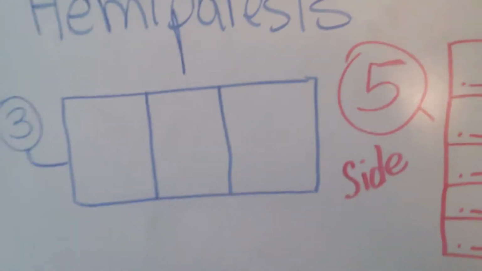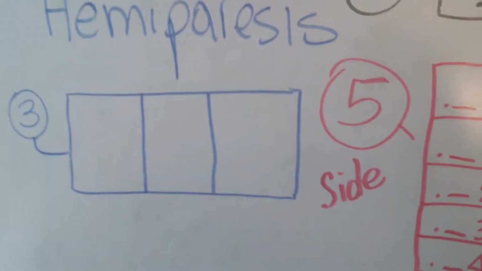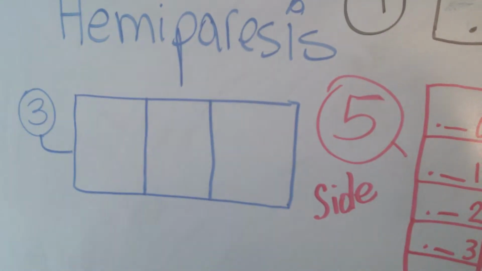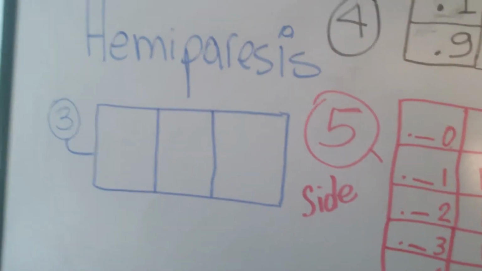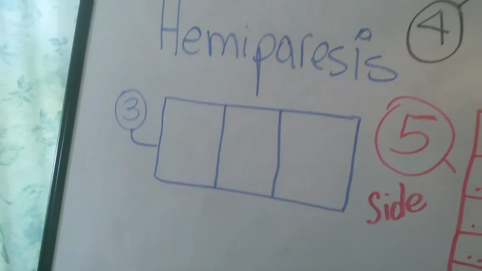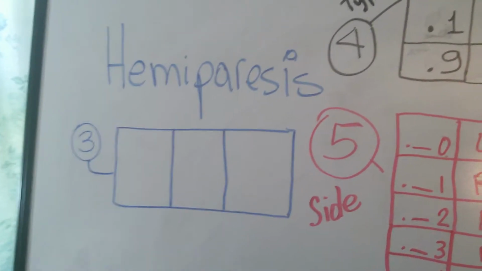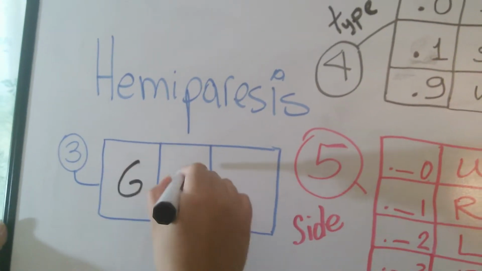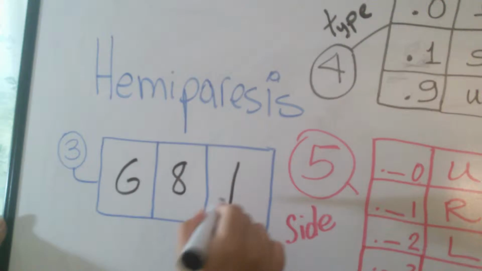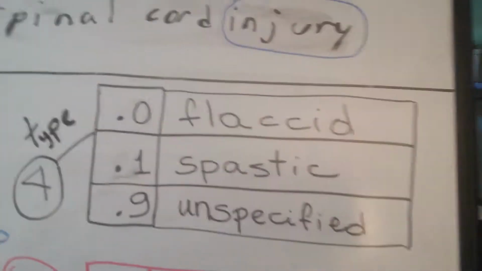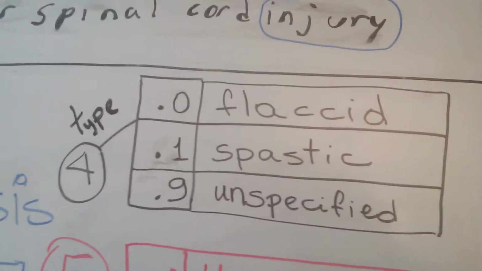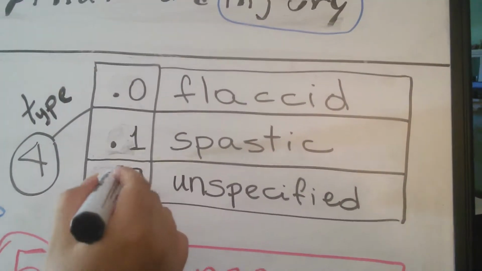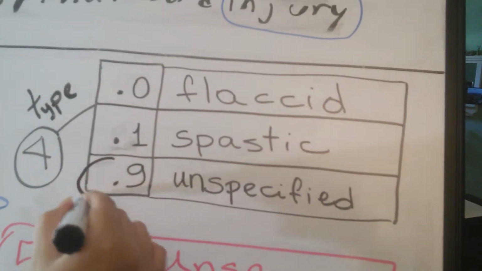First, write the code for the hemiparesis that we found. The 3 here. This one is G81, right? G81. Now the 4th character, you just put a circle on the one that we want. It would be 0.9, unspecified. Put a circle there.